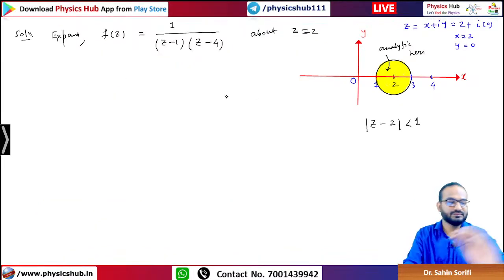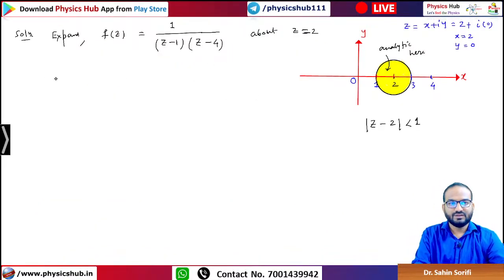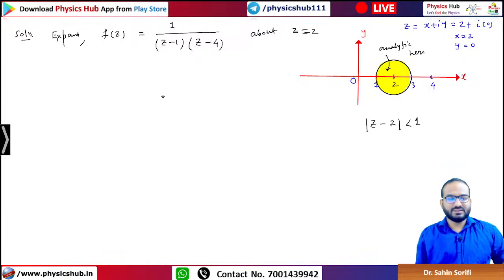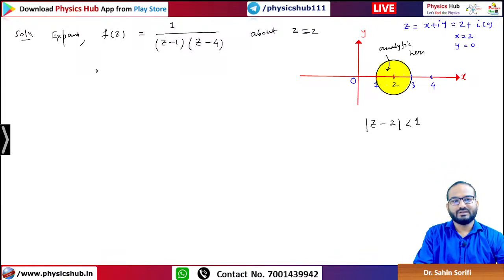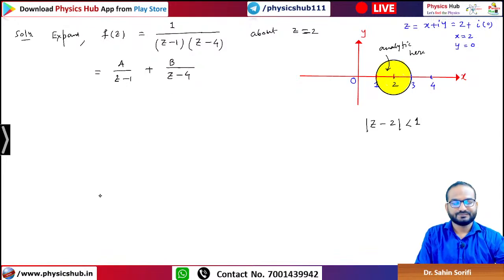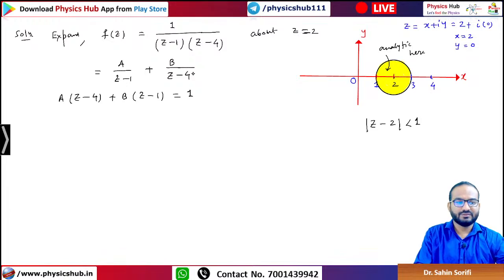So let us now do this problem. f of z equals 1 by (z minus 1)(z minus 4). So how can we write it? We can write it in this way: a by (z minus 1) plus b by (z minus 4), right? And if you take this identity, then a times (z minus 4) plus b times (z minus 1) should be equal to 1, yeah? And from this what are you going to get?